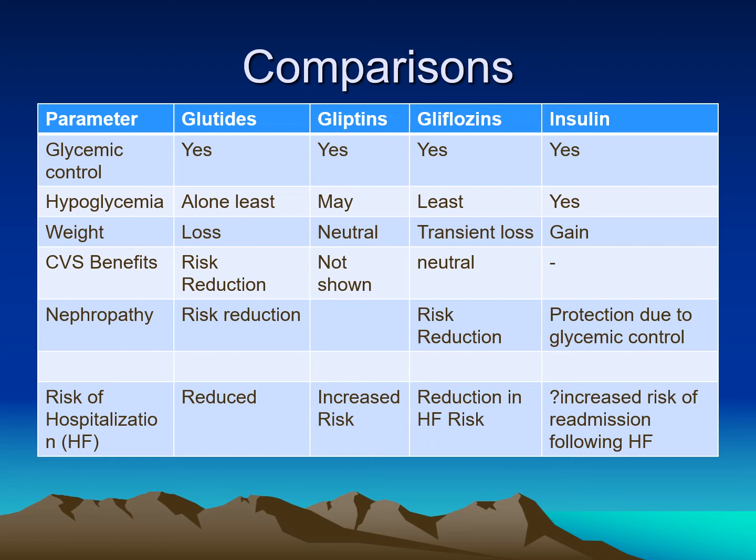Therefore, when there is atherosclerotic cardiovascular disease and we want to give cardiovascular benefits, glutides, the non-insulin injectable preparations, GLP-1 agonist or dual agonist become the drug of choice, followed by the SGLT2 inhibitors. They produce remarkable cardiac and renal risk reduction.